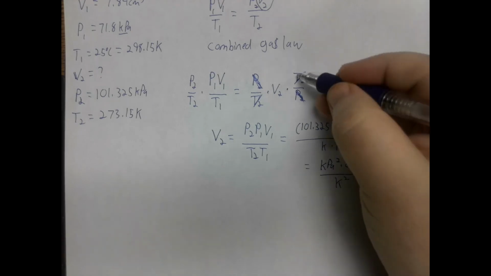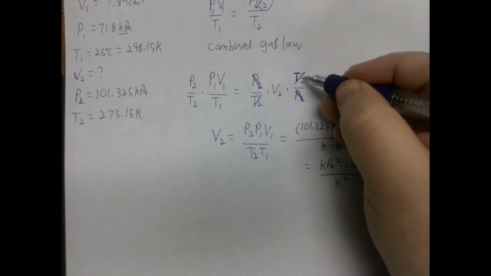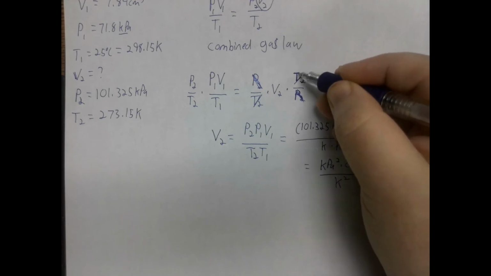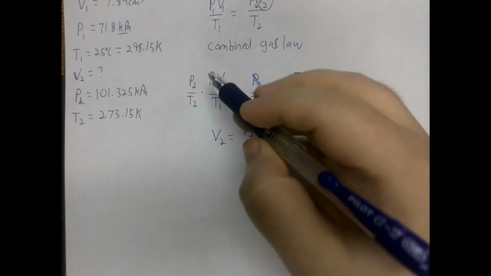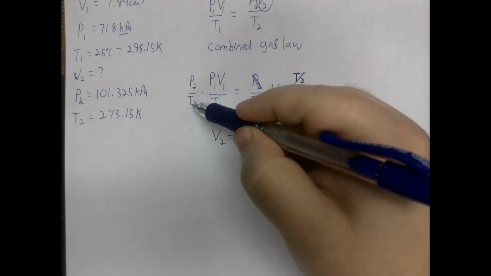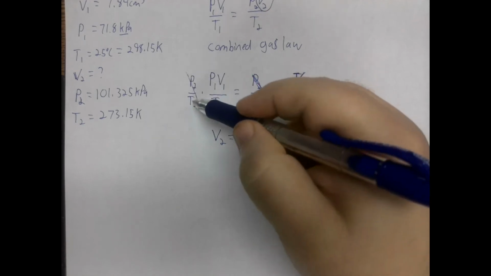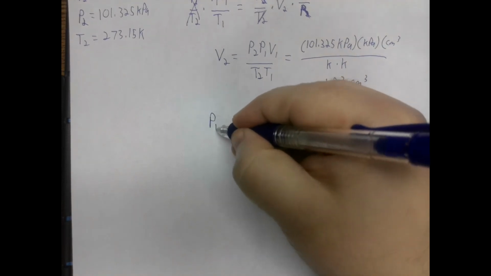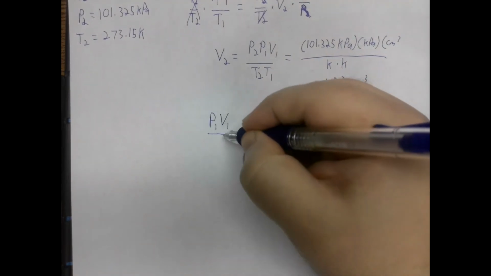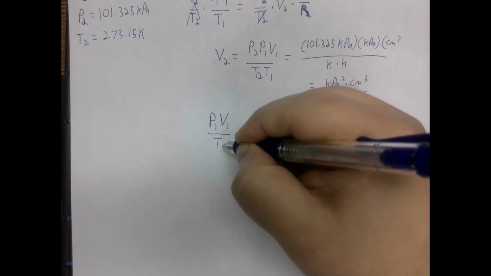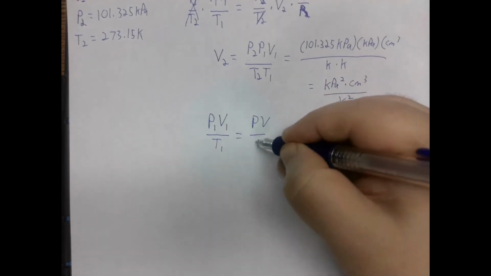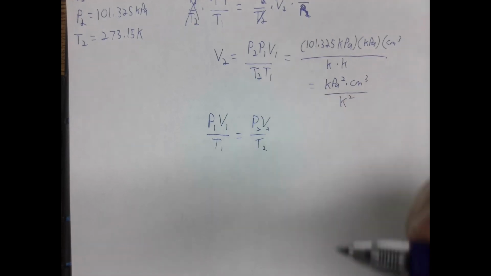My mistake is I said you need to multiply the reciprocal T2 divided by P2 to both sides. This was where my mistake was. So let's start over. I have my equation PVT, all ones, is equal to PVT, all twos.